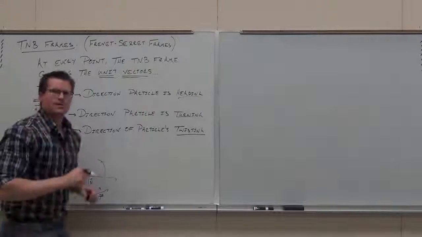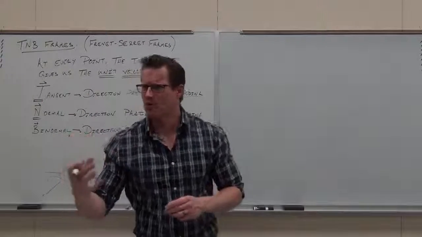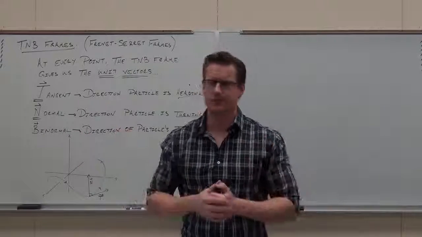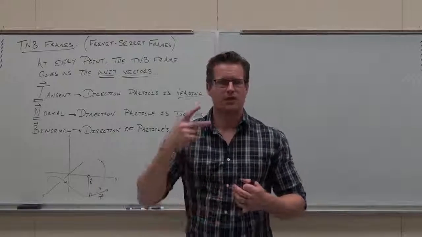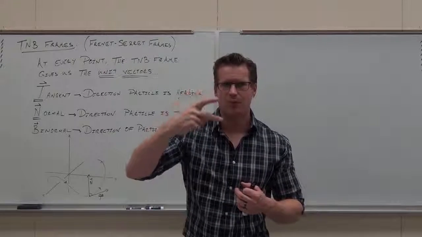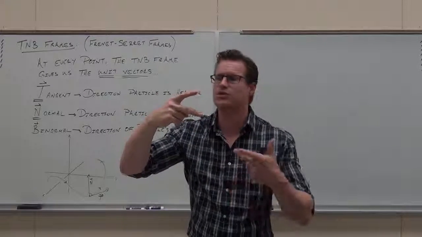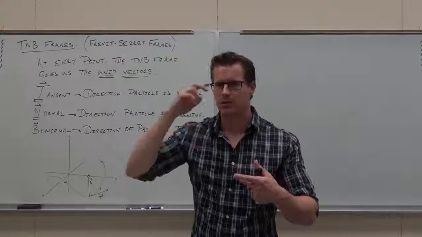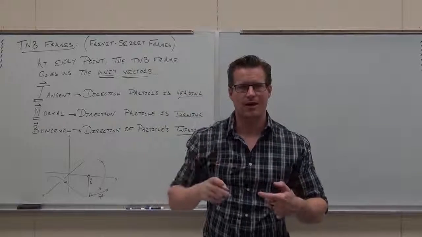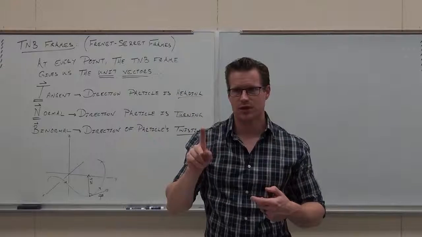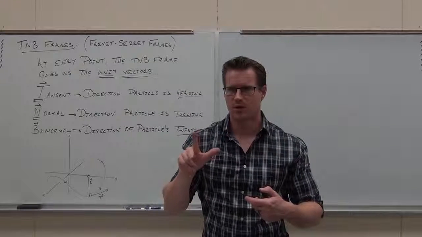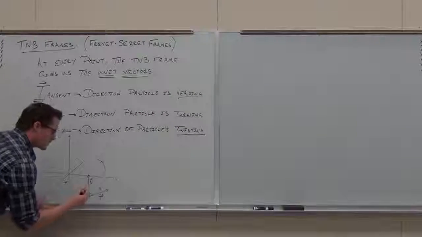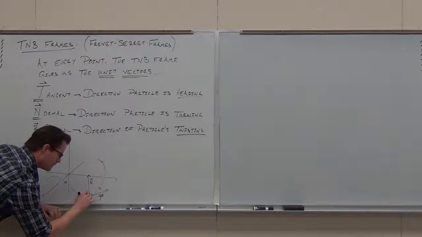This other one is the binormal. That word binormal, the bi like a bicycle, or well, other things. Biplane has two. Binormal means it's normal to two things. It's normal to both the T and the N. Hey, quick question, it's going to ruin the surprise for you. How do you take two vectors and get one that is mutually orthogonal? What do you do? We're going to be using that. The binormal is going this way.